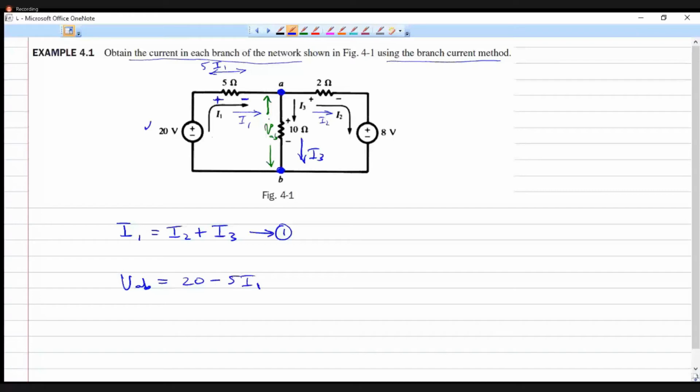Similarly, we can write one more equation here for the second branch. So it says that VAB is equal to, so what it will be. So this is VAB, right? So this is the voltage that should come here.